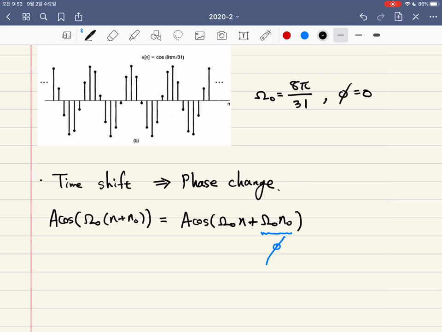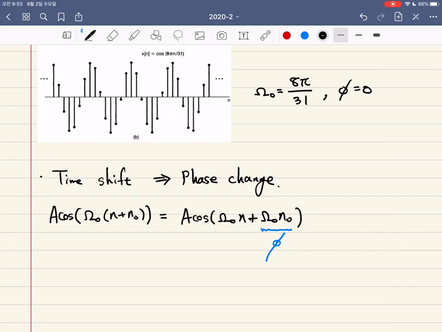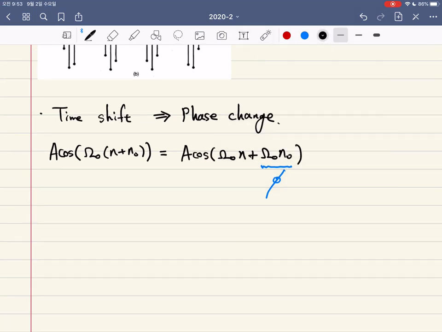However, this is the important part. If you do the phase change first, if you change the phase by a random value, can you convert this random value of phase change to make that omega 0 times n0?